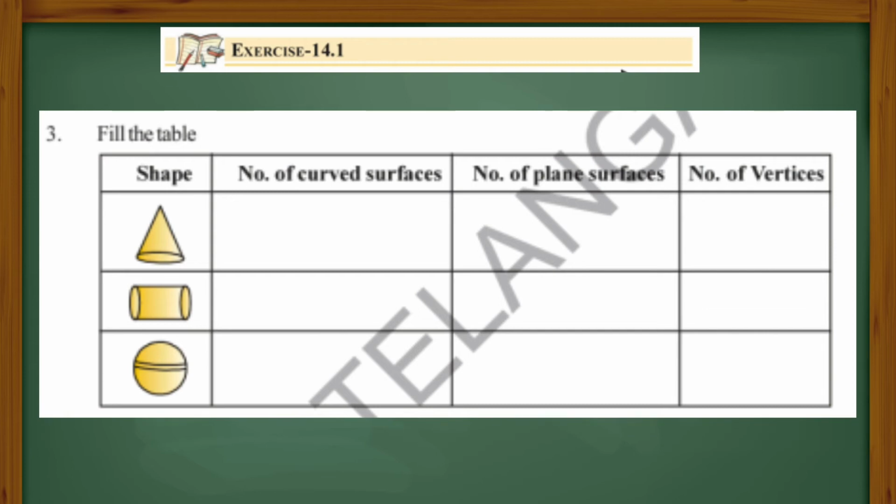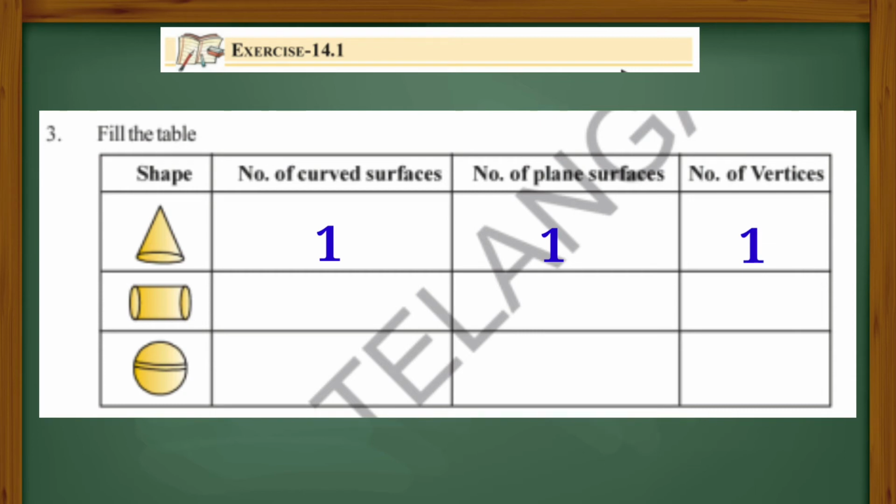Here the shapes given are a cone, a cylinder and a sphere. For a cone, the number of curved surfaces is 1 and the number of plane surfaces is also 1. Number of vertices: there is only one vertex for this cone.